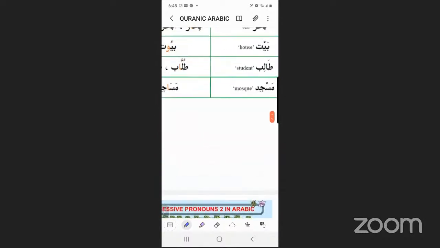Write it over here. Number one, harf jar. Yes. Harf jar with these: ala, ila, min, ra, ta, kaf, lam, waw. And number two is mudaf ilayhi. So the mudaf ilayhi is majroor.